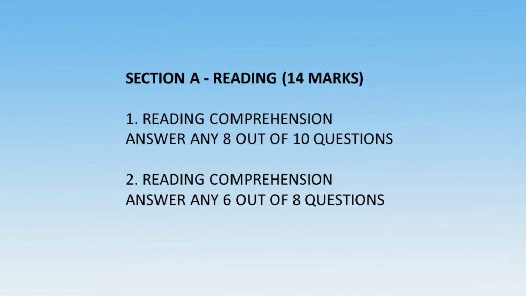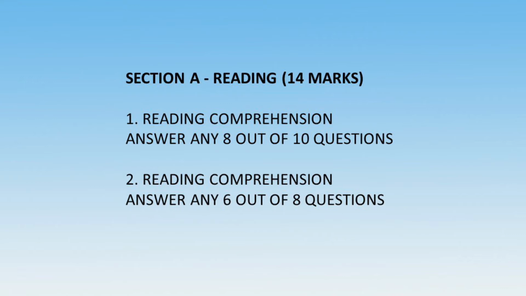So the first comprehension will have a total of 10 questions, all are MCQs, and you will have to answer any 8 out of them. And the second reading comprehension will be a smaller one and there will be a total of 8 questions, out of which you need to answer only 6 questions. So totally there are 18 questions and you need to answer only 14 questions.